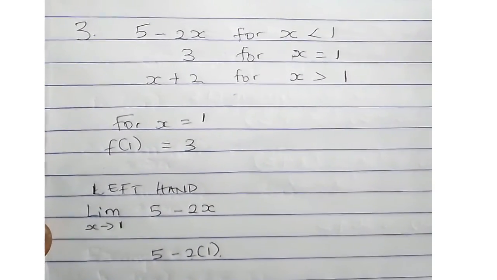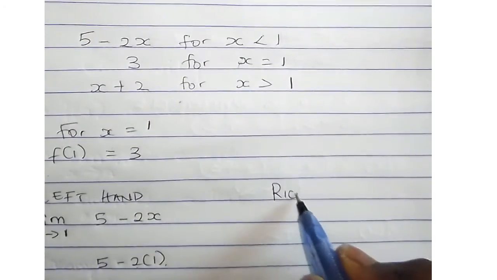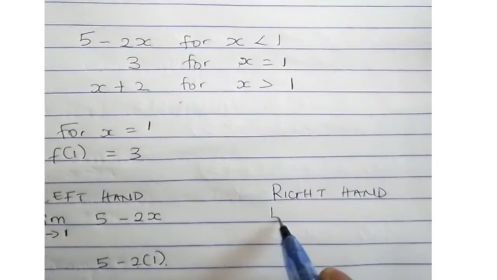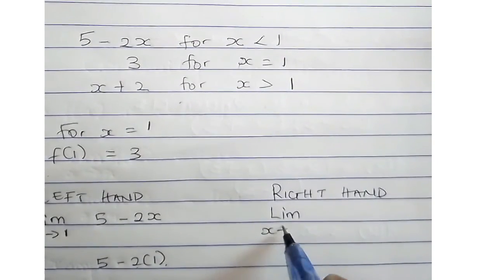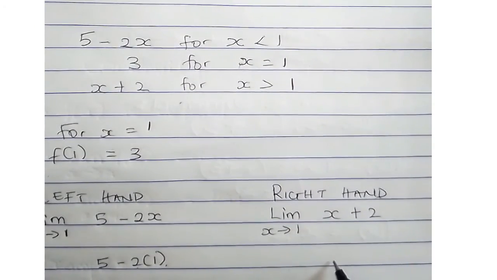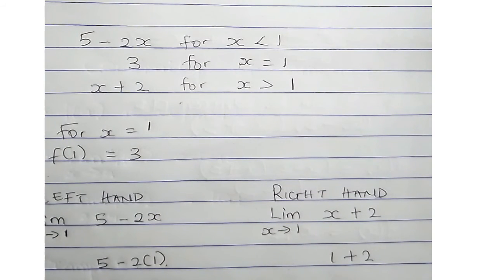Now I'm going to go into the right hand side. I'm going to take the limit as x approaches 1 of x plus 2. Wherever we see x, we put 1, so we have 1 plus 2, which gives us 3. So the limits of both the right hand side and the left hand side gave us 3.